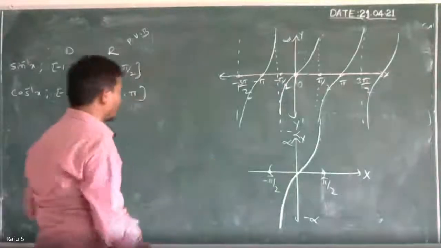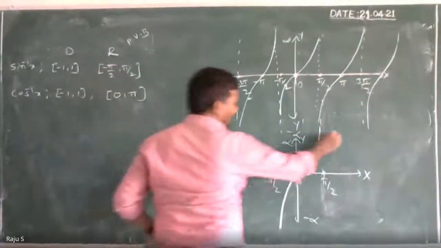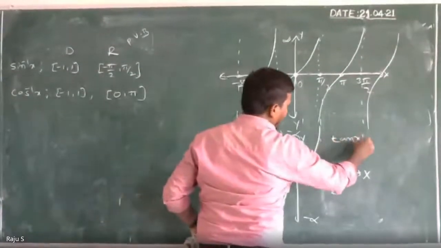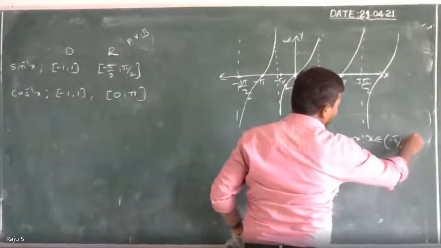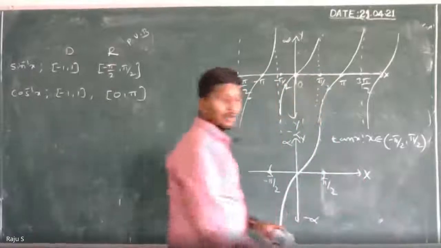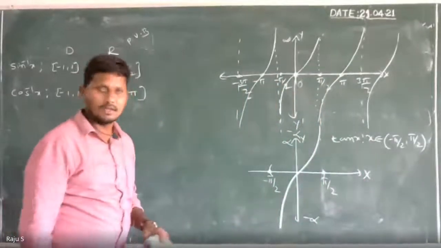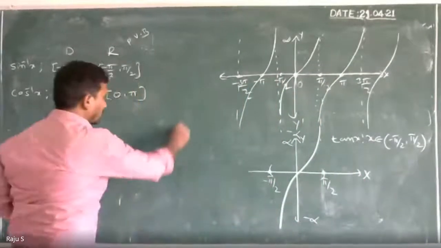What is the inverse here? This is the tan x graph. Tan x graph from where to where? x belongs to the open interval minus 90 to 90. Remember, open interval, I'm not including those. What about the inverse?